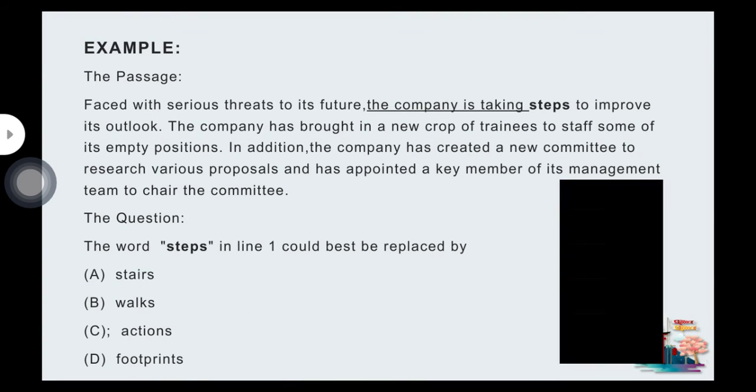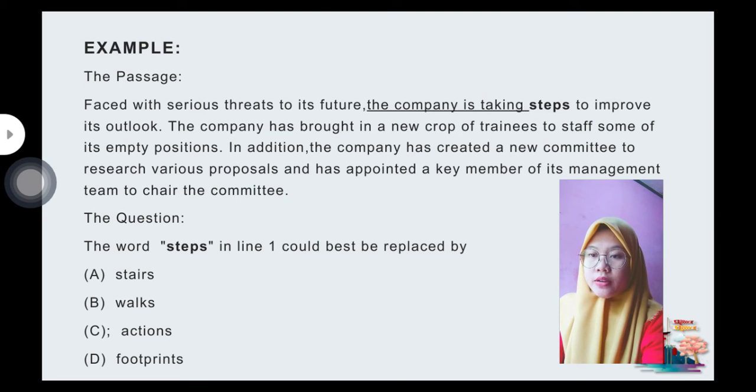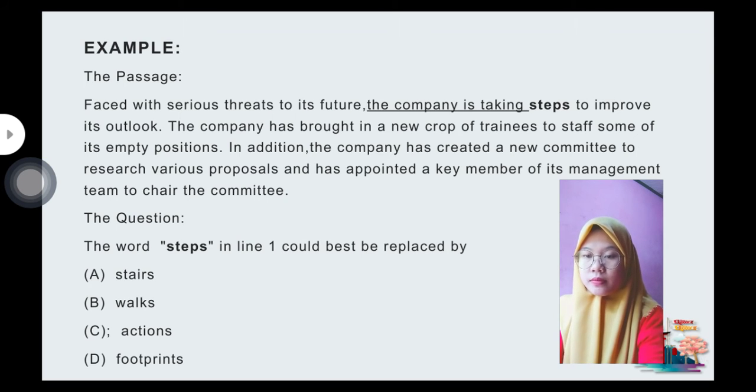Okay. Example, the passage. Faced with a serious threat to its future, the company is taking steps to improve its outlook. The company has brought in a new crop of trained staff to fill some of its empty positions. In addition, the company has created a new committee to research various proposals and has appointed a key member of its management team to chair the committee.